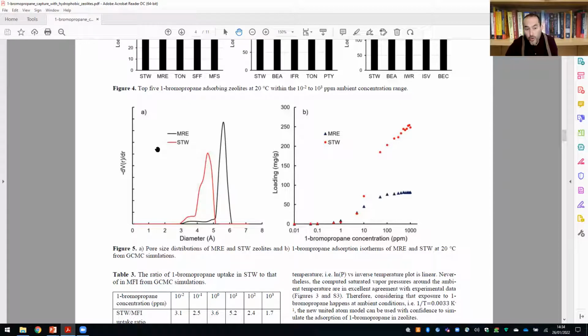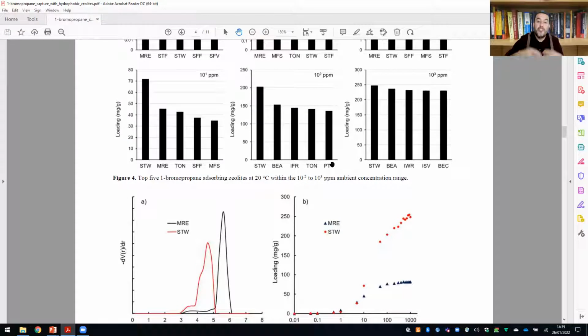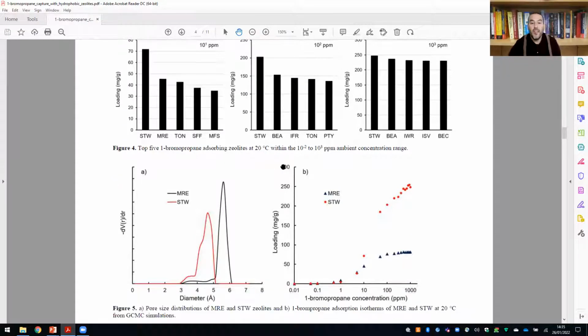We know more than 200 of them, I think 237, and they are given these three-letter codes. And this MRE and STW zeolite turned out to be the best zeolite for the concentrations of 1-bromopropane detected where it is used in industry. Okay, so there you go.